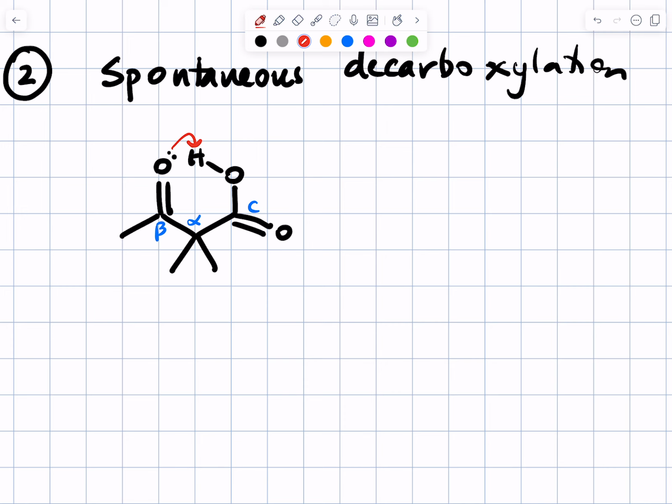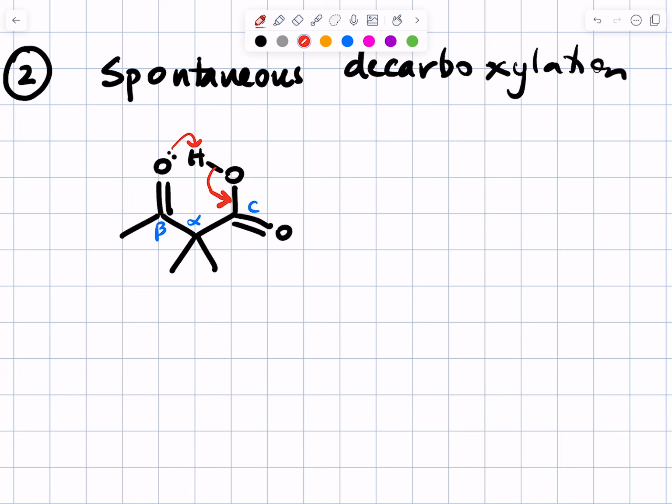What then happens is if you stopped, you'd have a negatively charged oxygen here, the conjugate base of the carboxylic acid. But instead of forming that negative charge, these electrons are going to kick down and form a new pi bond between carbon and oxygen. That would actually form CO2.